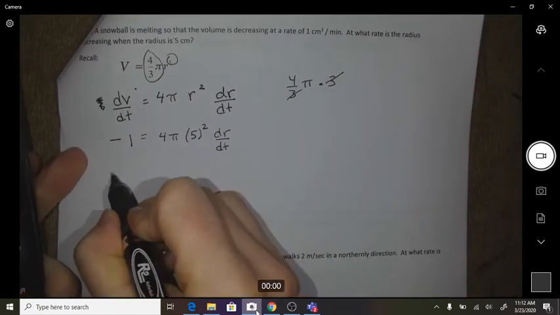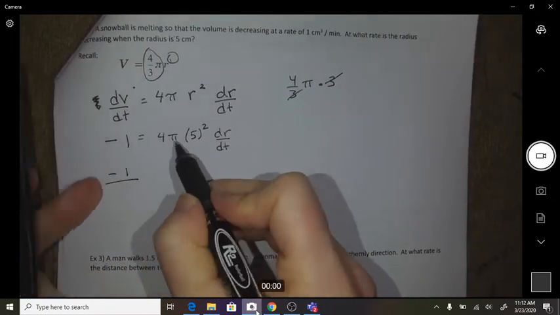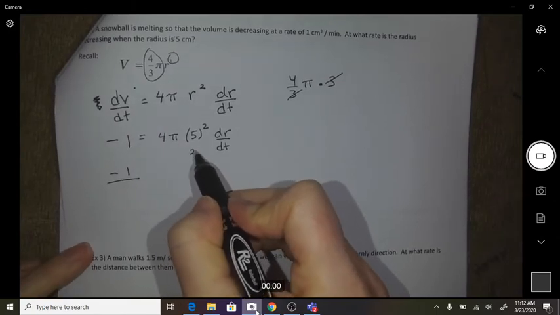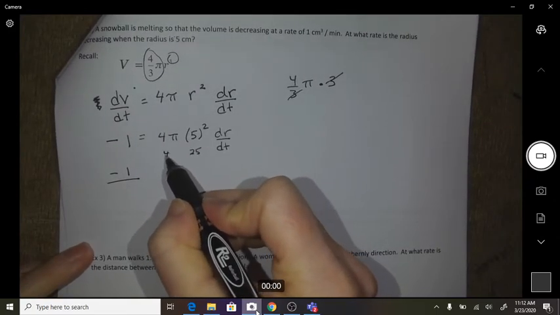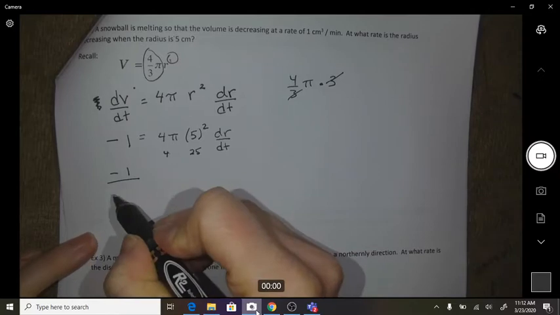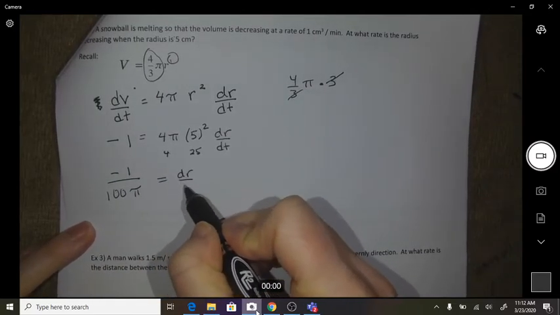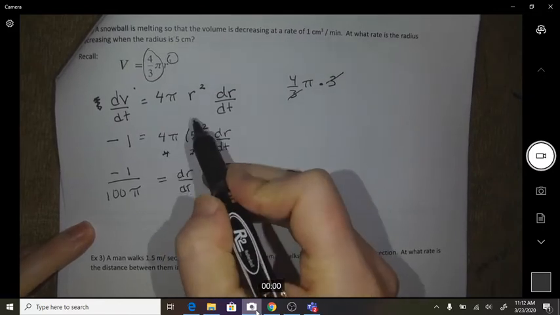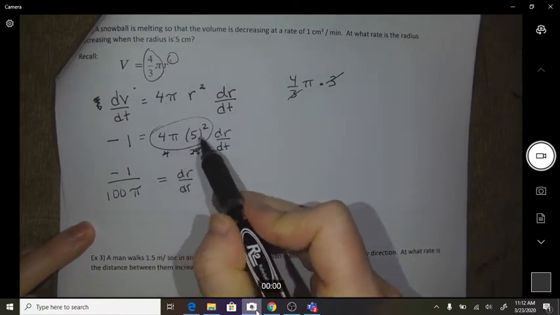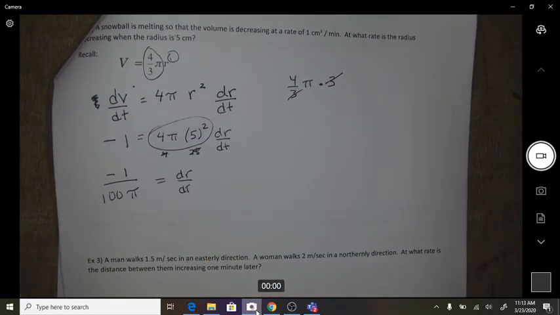Okay, so -1 divided by, so this is obviously a 25, and then this is a 4, so I'm going to make it 100 pi. See, is that okay if I did that? That's 100 pi.